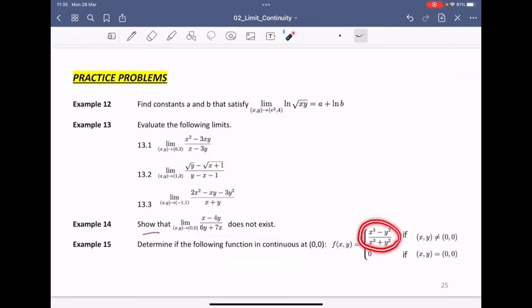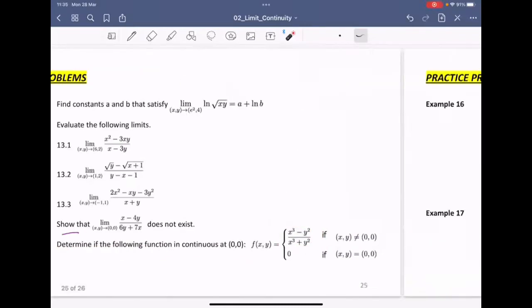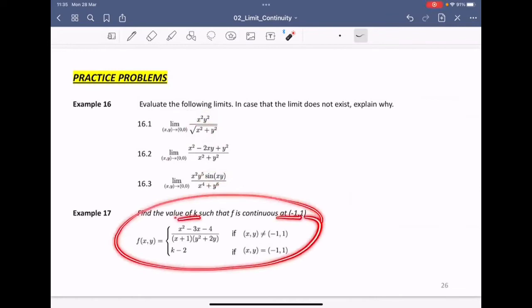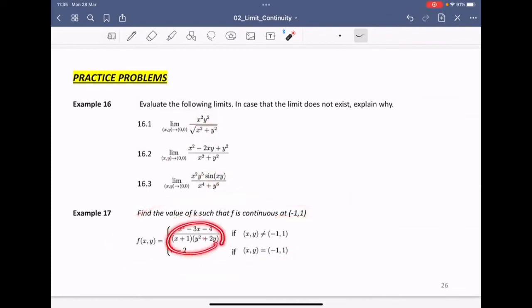Maybe you need to compute this limit. Determine if the function is continuous. So maybe it is not continuous. Evaluate this thing. Well, you see sin xy here. Maybe the squeezing theorem is coming up here. And then the last one, find k such that the function is continuous at this point. Well, maybe you need to factor something.